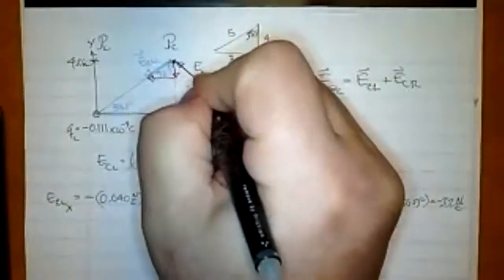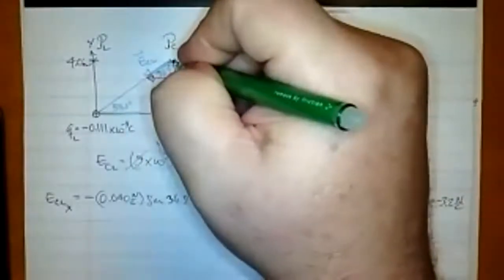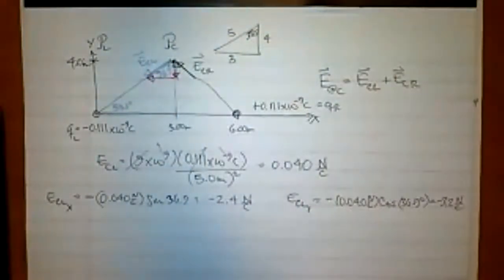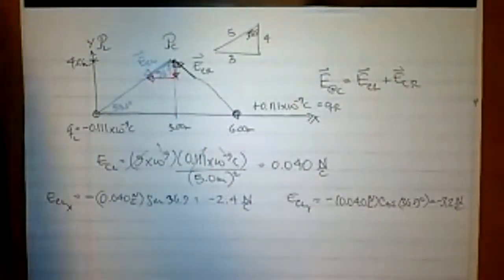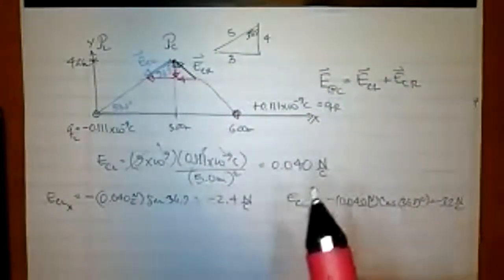So this is E_C pointing that way. And again, you still have 36.9 degrees, but with this one, the Y component is positive, but the X component is negative, like so.